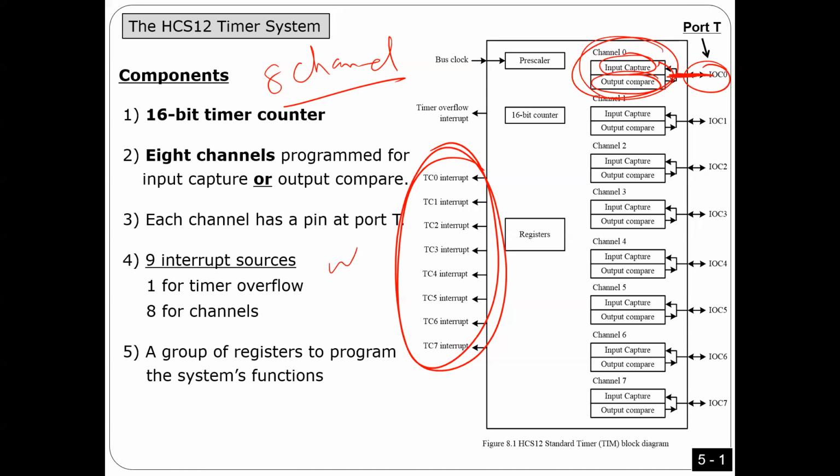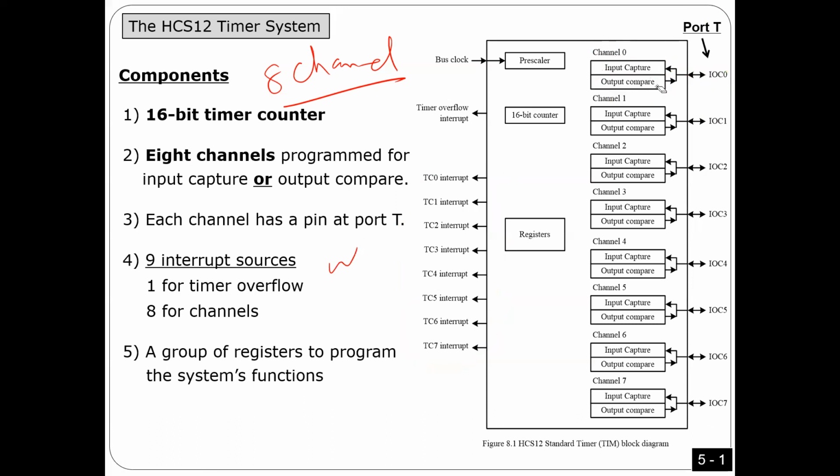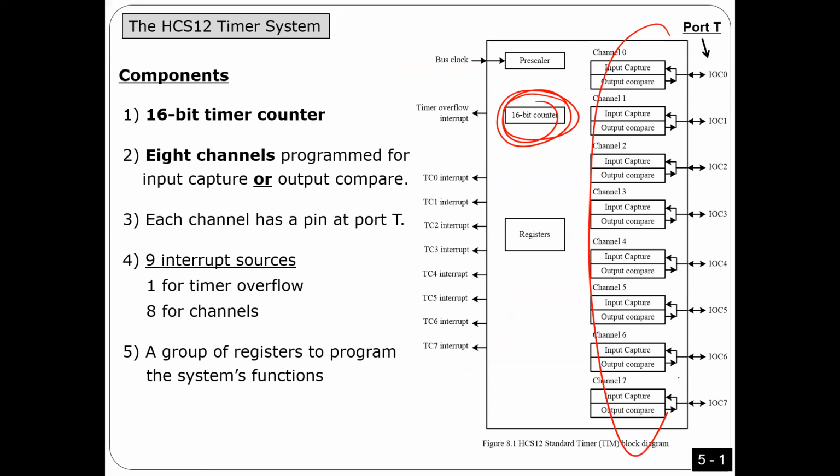Okay, so now let me elaborate. On top of that, the system has what we call a 16-bit counter. Only one. We have 8 channels, but only one counter, a 16-bit counter. That's it. Now let me give you details. This is like a big picture. We call it the timer system.